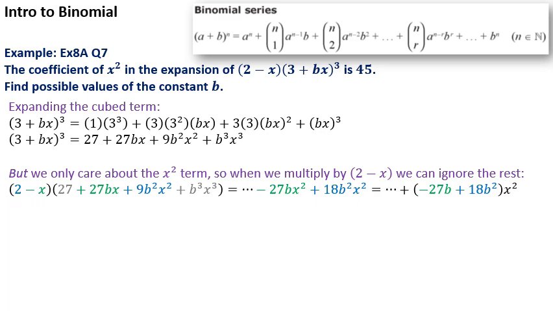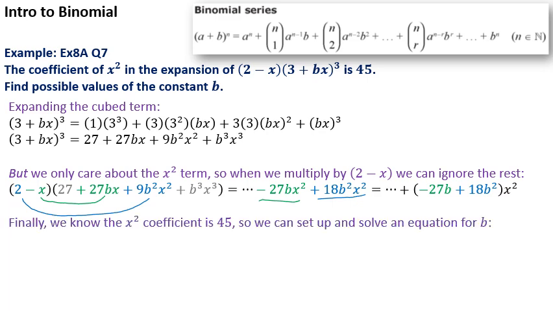But if we were to multiply 2 by 9b squared x squared, that would give us an x squared term. It's not the only way to get one though. We can also multiply negative x by 27bx, and that gives us another x squared term. That's the only way an x squared term can come. It's going to come from a constant times an x squared, or an x times an x.